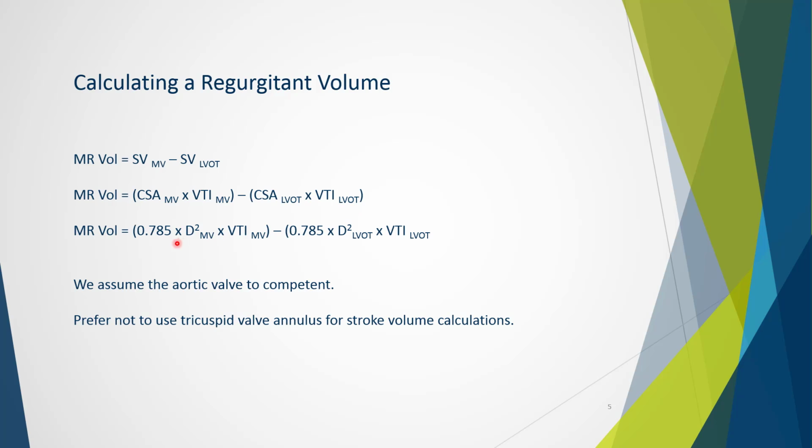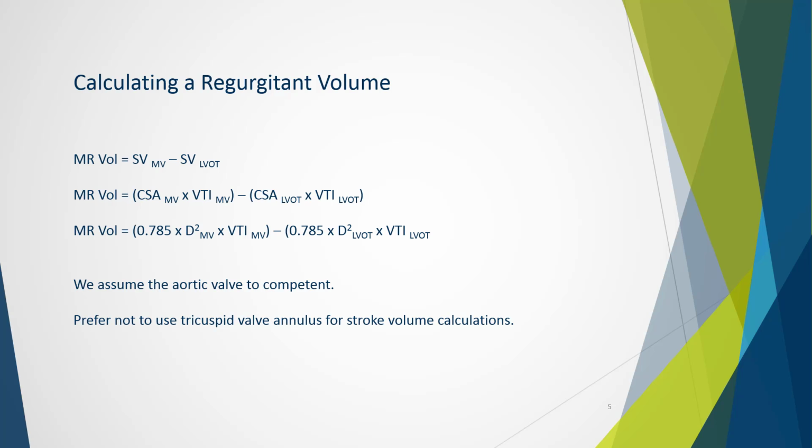Further drilling down, 0.785 times diameter squared times the VTI, minus 0.785 times diameter squared times the VTI, will give us our regurgitant volume. In this instance, we assume the aortic valve to be competent. If it did leak, we could substitute the right ventricular outflow tract, or alternatively use a non-valve location such as the main pulmonary artery or ascending aorta.